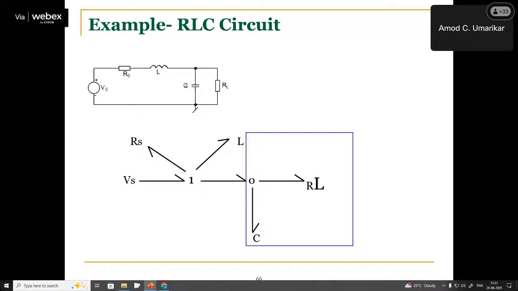Is it analogous to this circuit? Correct. So if you are aware of this method, you can immediately write the equivalent electrical circuit as well.